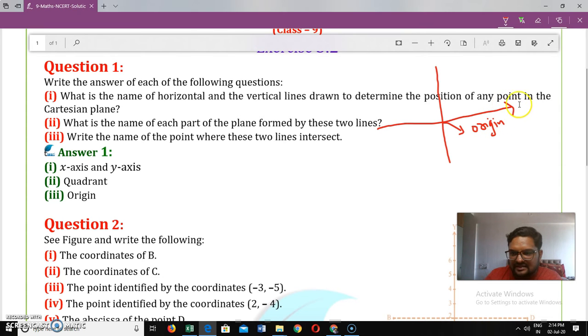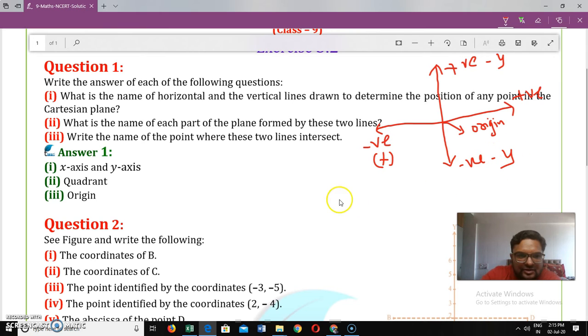On my right hand side this is called the positive x-axis, and on my left hand side it is the negative x-axis. If I go up, it is the positive y-axis, and similarly if I go down, it is the negative y-axis. So we know that horizontal is the x-axis and vertical is the y-axis.